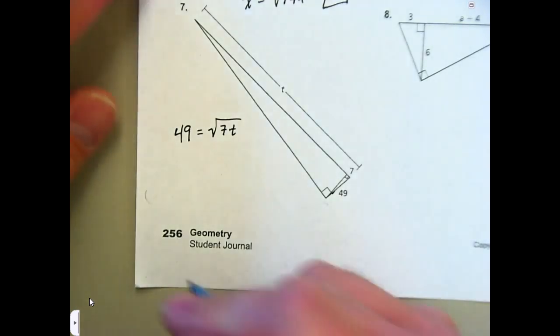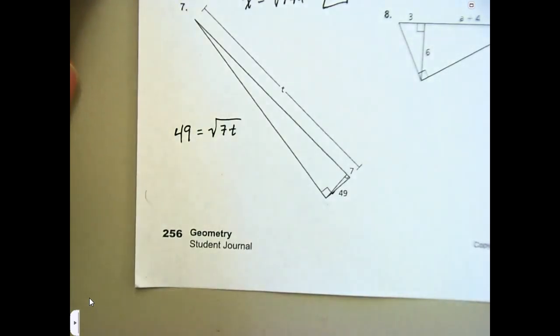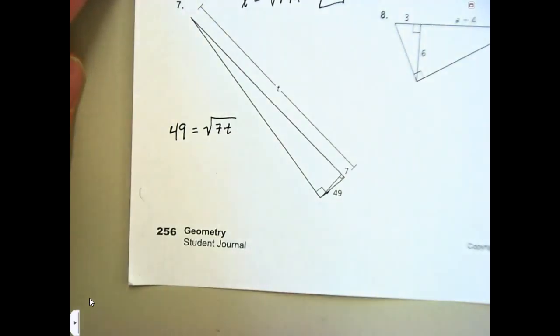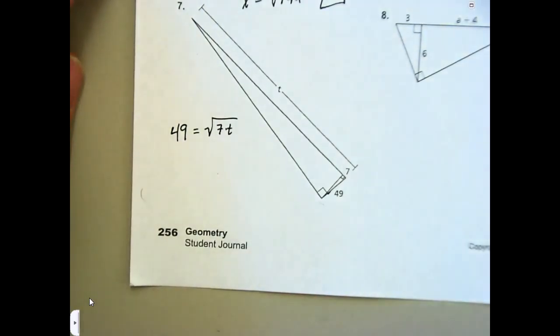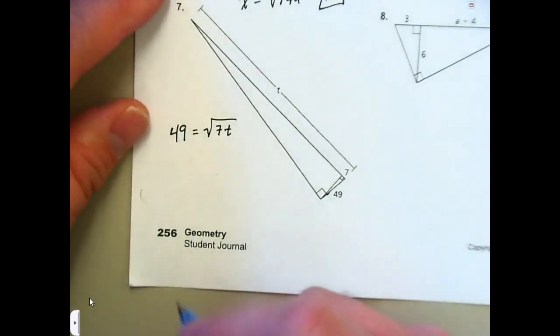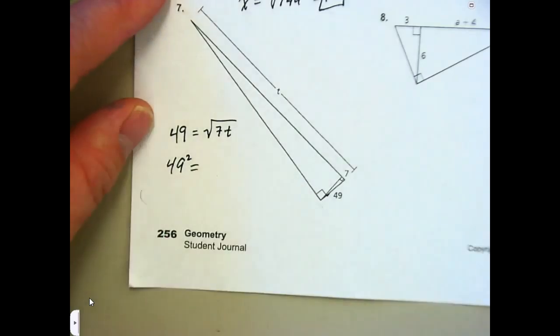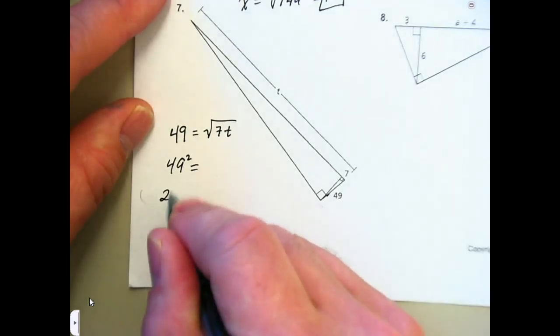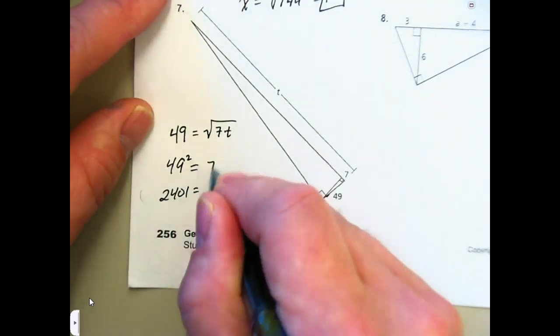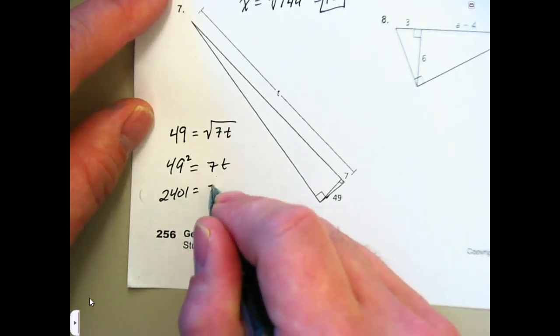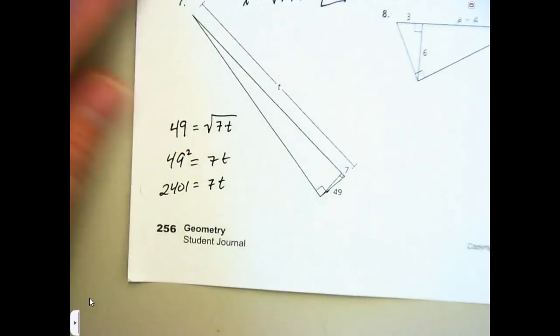Yeah, Alexis. Oh, I thought your hand was up. All right. Carlo? Okay. 49 squared is equal to, okay, and so 2,401 is equal to 7 times t.